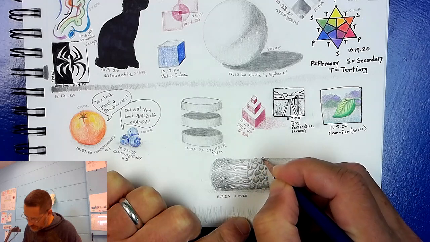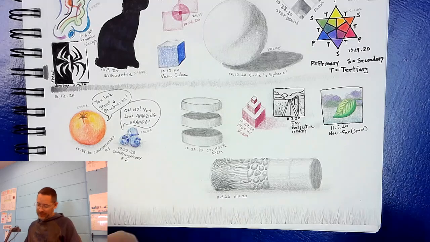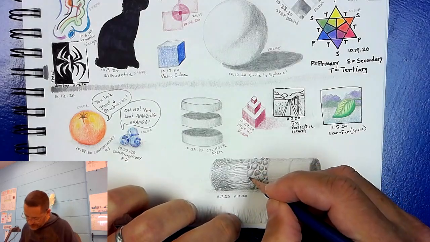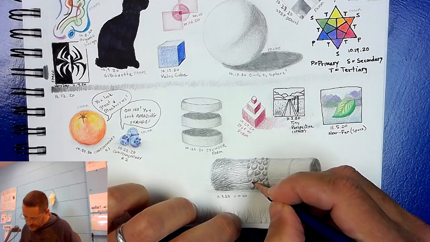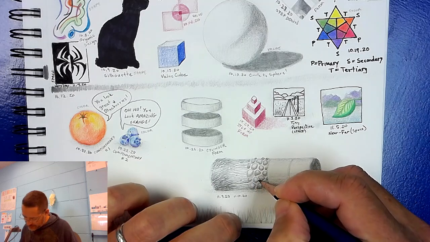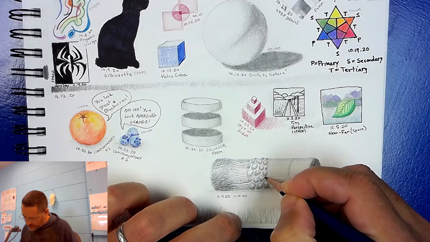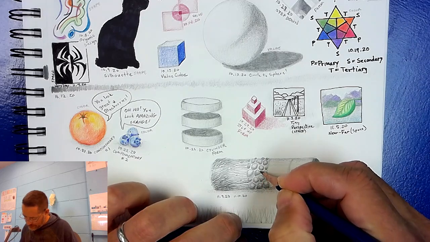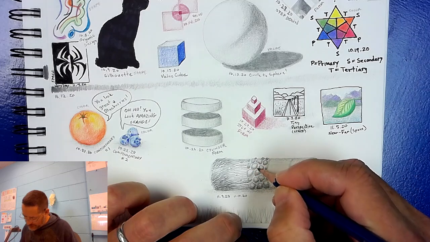A little bit of shading on these little guys on the top of mine. Okay, and if you wanted to go back and make these in between areas a little darker, just remember to keep with your value of the cylinder.